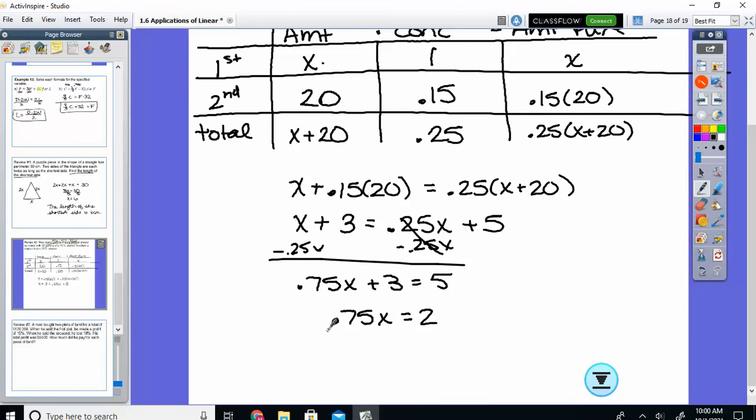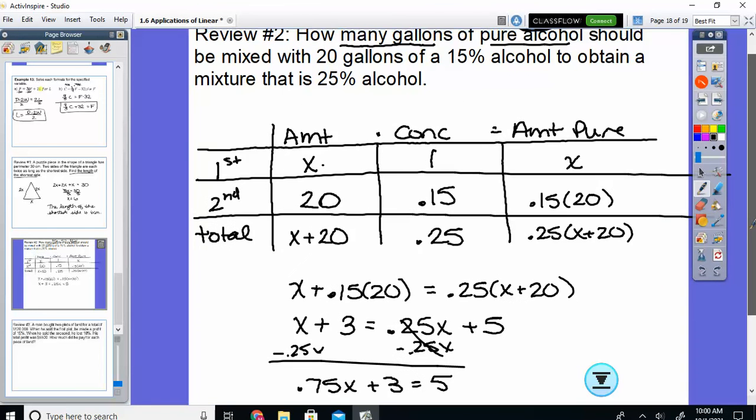Subtract my 3. And divide. We get, alright, I'll just write it as a fraction. You can write it as 2.6 repeating, or 8/3, or 2 2/3, any of those are fine.